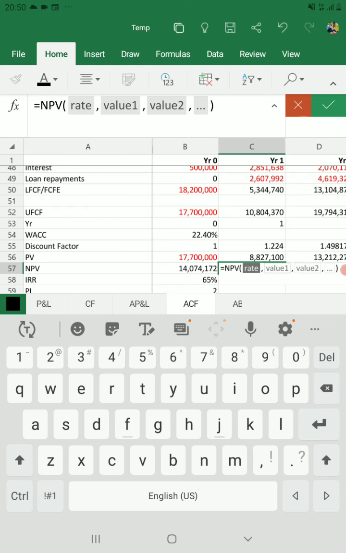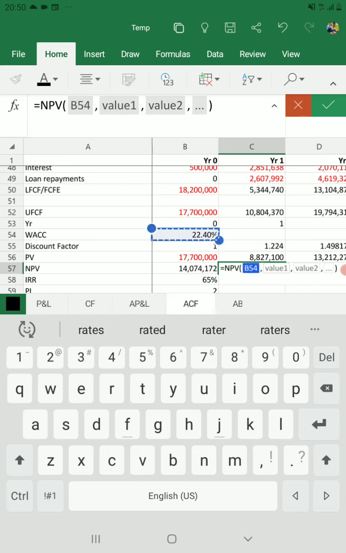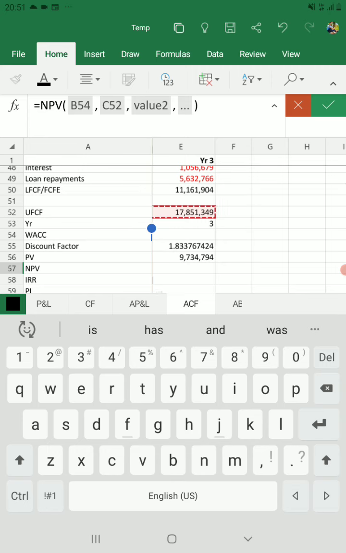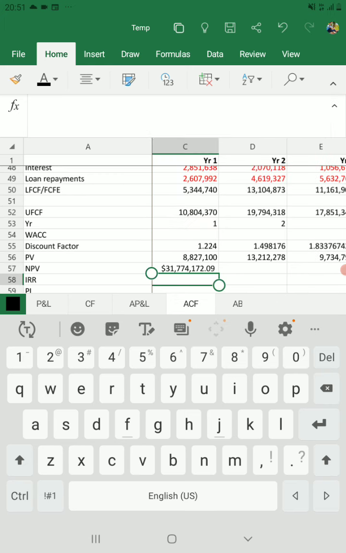Our rate is this weighted average cost of capital. So I click on the rate and then put comma and then pick the range of unlevered free cash flow from year 1 up to the end of our projection period, which in this case is year 3.